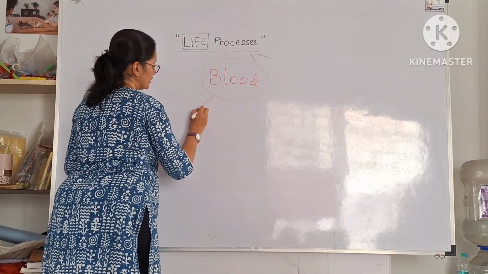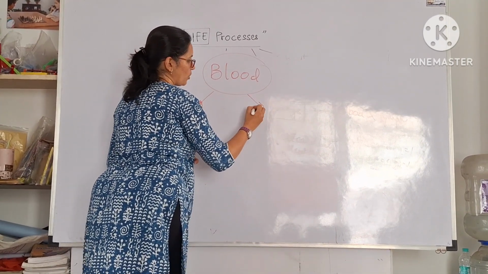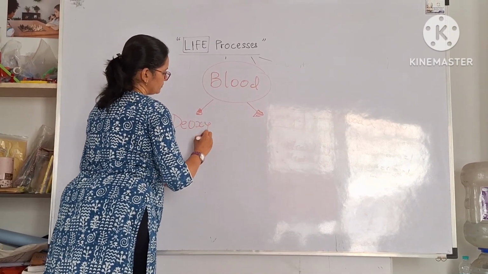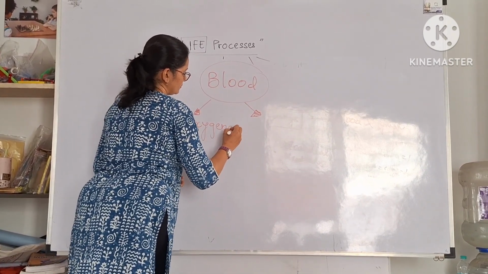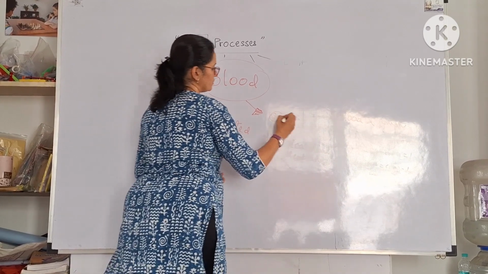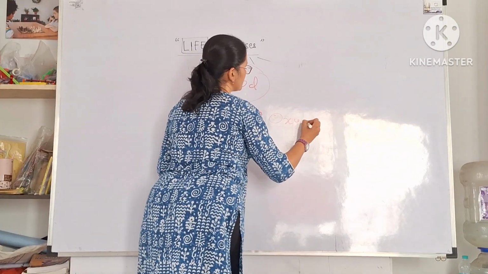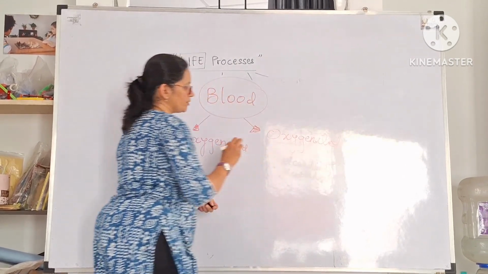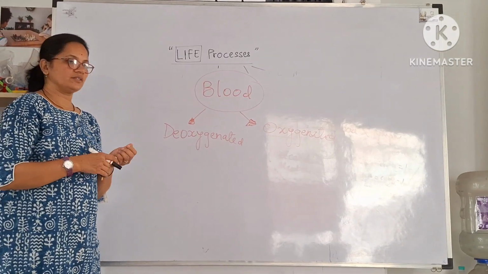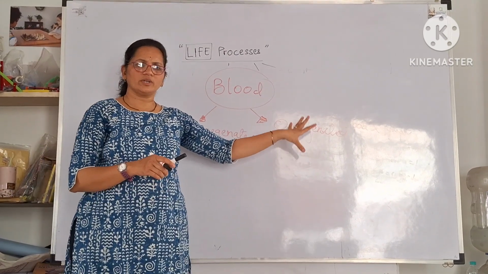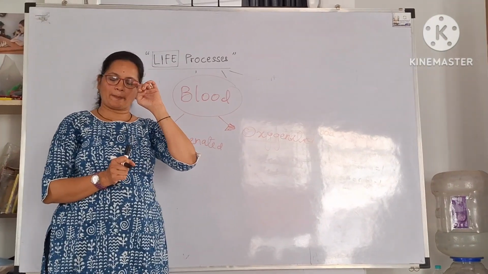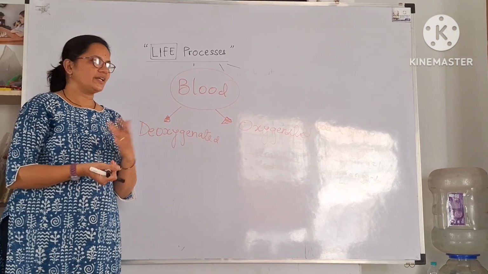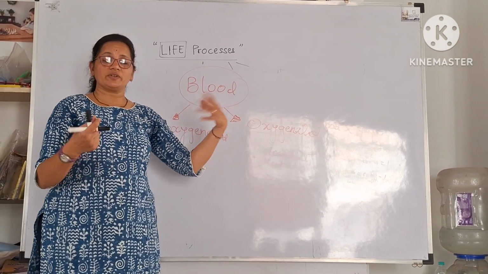Blood is the red-colored fluid in the body, which can be deoxygenated or oxygenated. Can you guess the meaning by understanding the spelling itself? You know the word oxygen. It is an element, a gas which we breathe in.